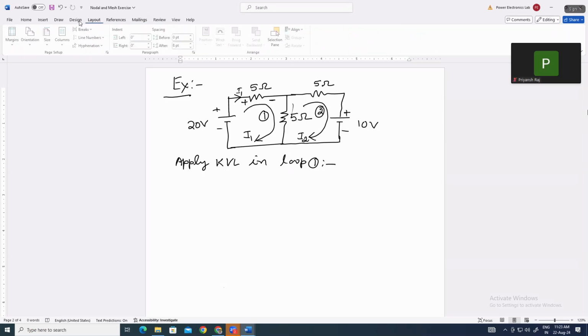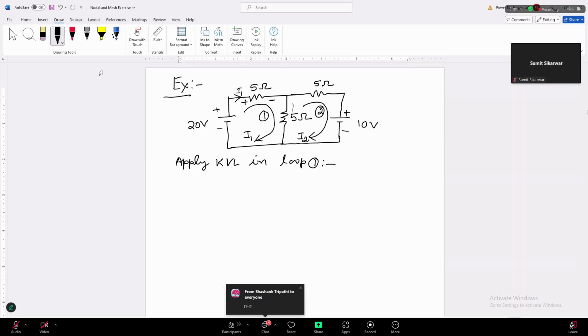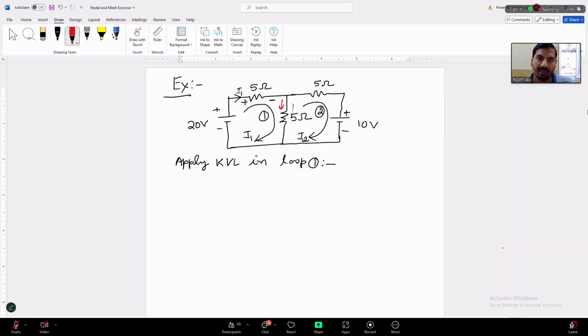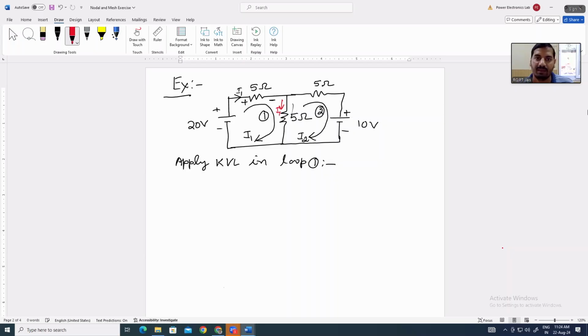Two currents are coming here: I1 is coming from upper to lower, and I2 is going from lower to upper.